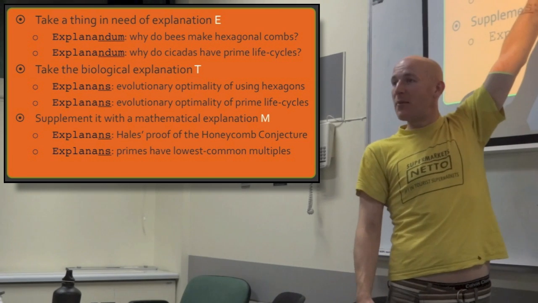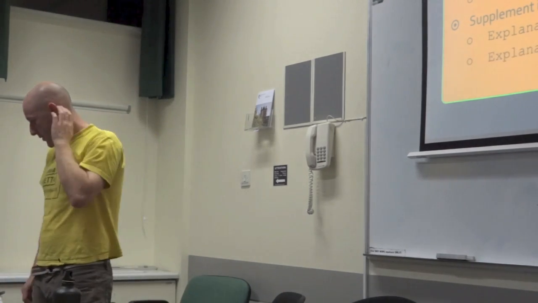So it's interesting that T can play that role. The biological theory can at once be an explanation, it explains E, but it's also something in need of explanation. Why are hexagons evolutionarily optimal? And then we bring in Hales's proof of the honeycomb conjecture, and then we have a mathematical explanation. And similarly, another version of M, to explain the other one that we were looking at.